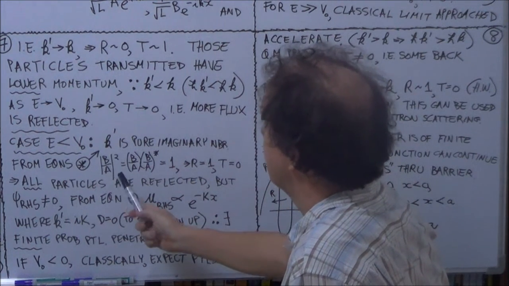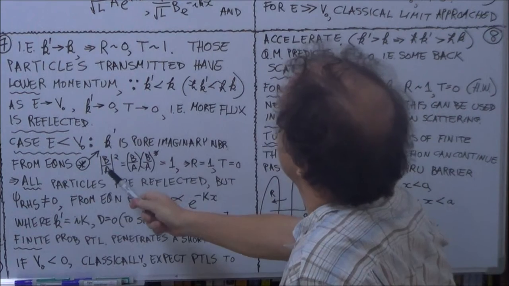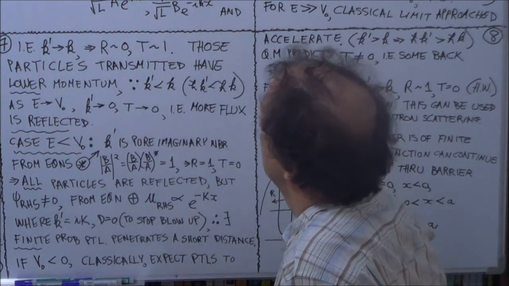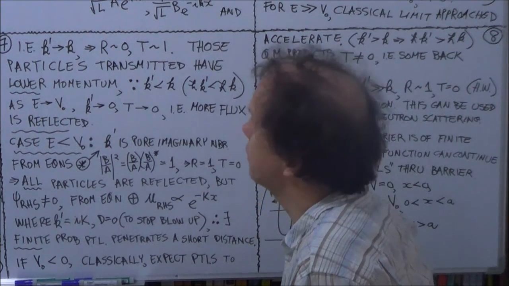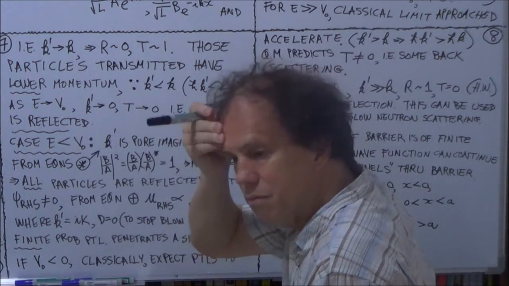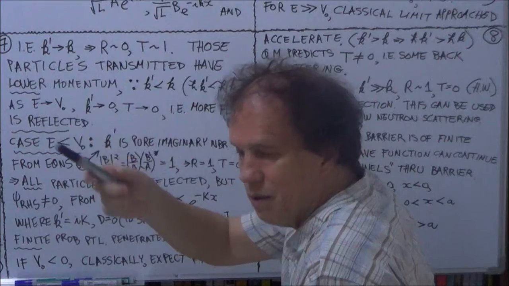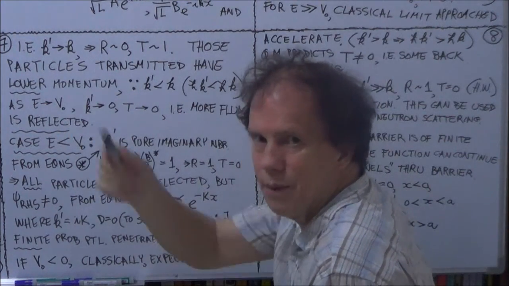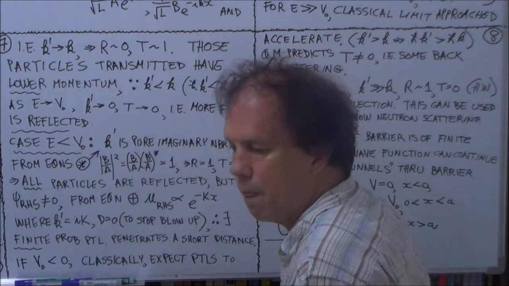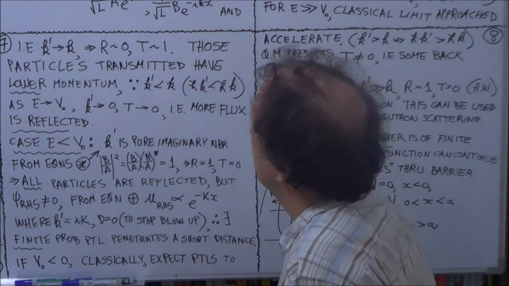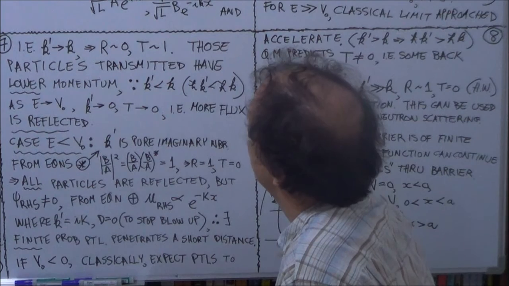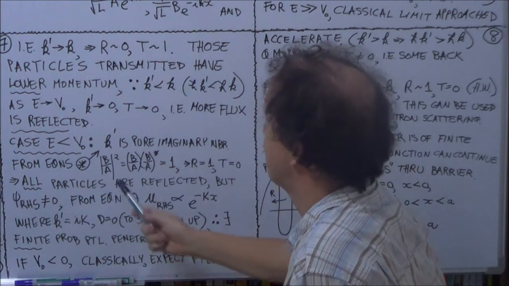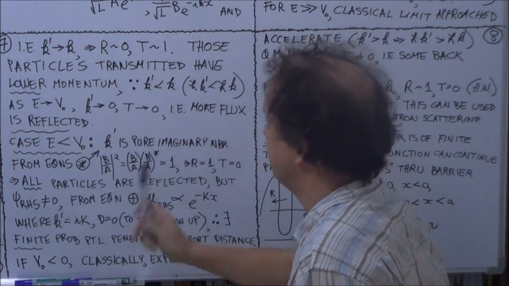Now you've got a formula for B over A from the previous session. Plug that i times a real number into your formula for B over A and square it, and you'll get 1.